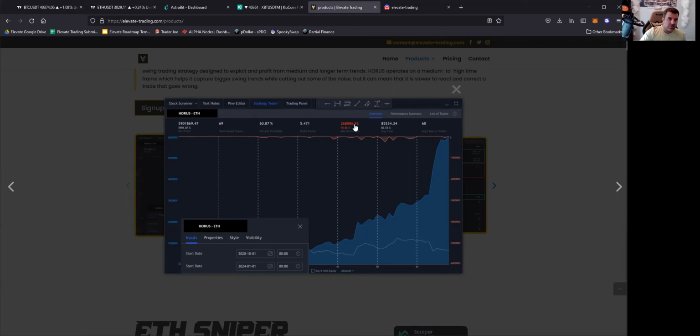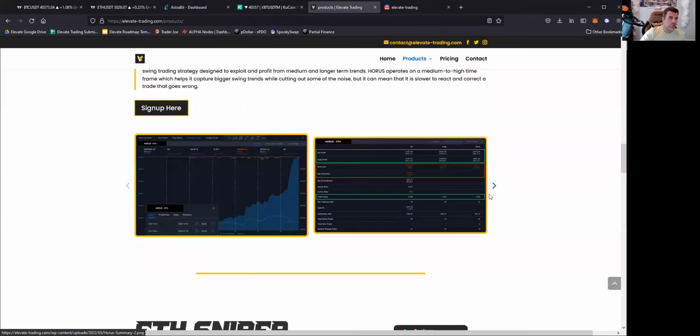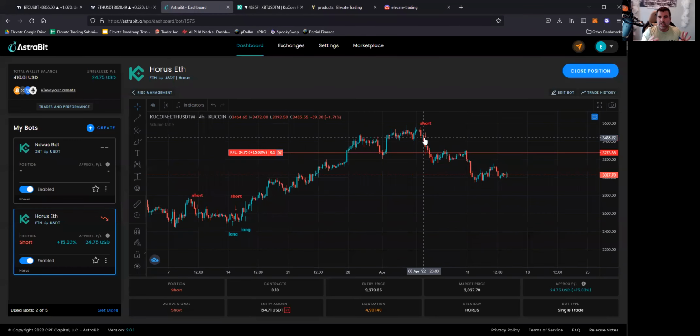And that's what this max drawdown is. A max drawdown is the maximum amount that it is potential for you to lose on a trade. So keep that in mind also, especially if you are new to trading and new to bots anyways, and you're kind of iffy, like, oh, I don't know if this is going to work, I don't want to lose money, it would be advised to just leave the bots alone.